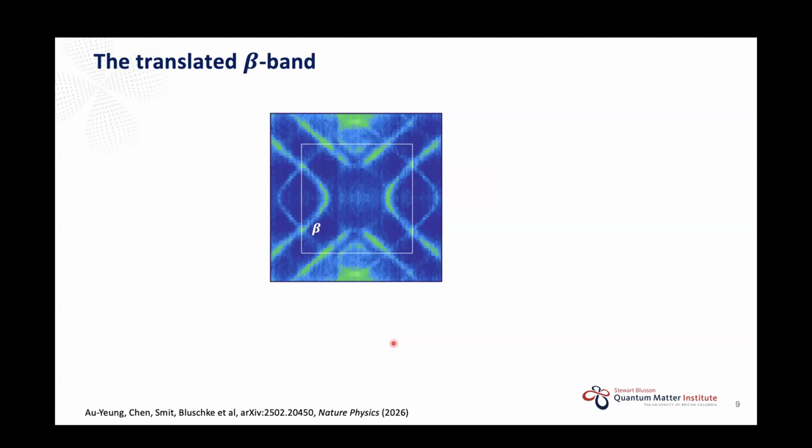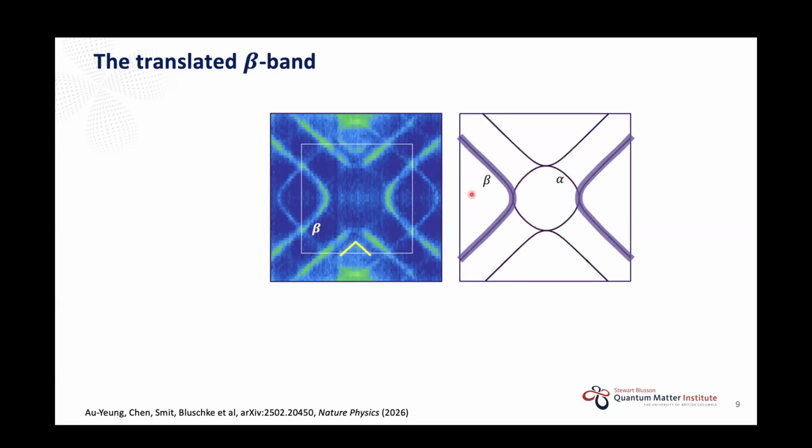This is a Fermi surface that we took using 45 eV. What I show you here is the original beta band, and this corner feature is what I am interested in. This is a cartoon picture of this Fermi surface, and I want you to look at this highlighted purple region of the beta band. If I translate it like this, I will produce a translated beta band.